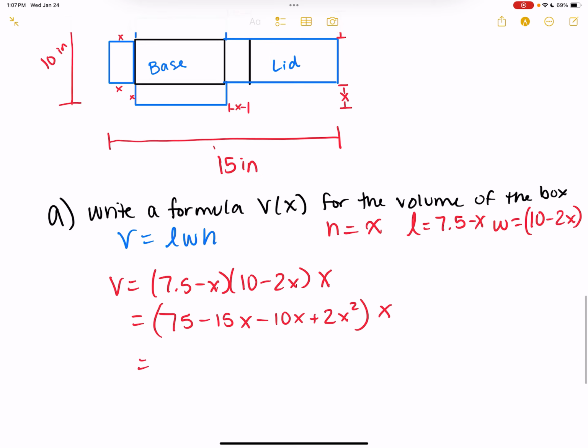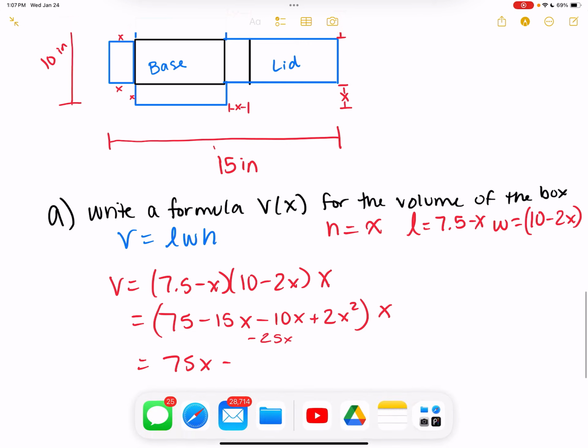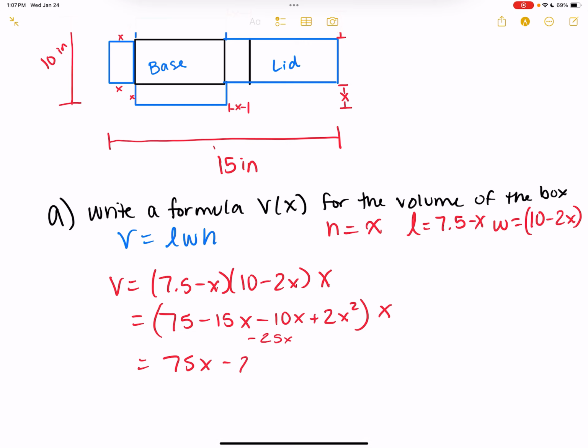I'm going to combine this middle term to be negative 25x, just so we're clear. So this is going to be 75x minus 25x squared plus 2x cubed. That is my volume of the box.